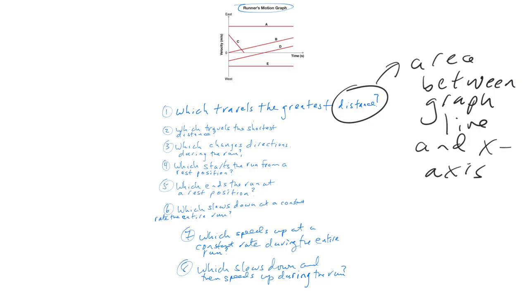So we can look at this and ask which travels the greatest distance. Well, if you just look at A, the area between line A and the x-axis is the biggest.